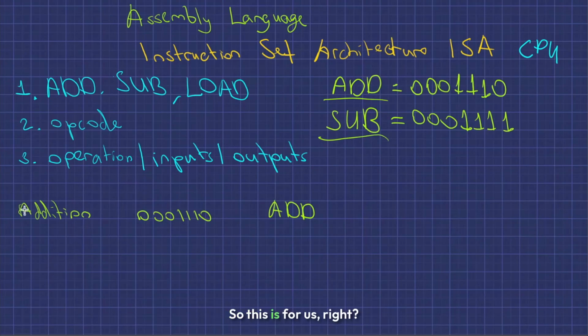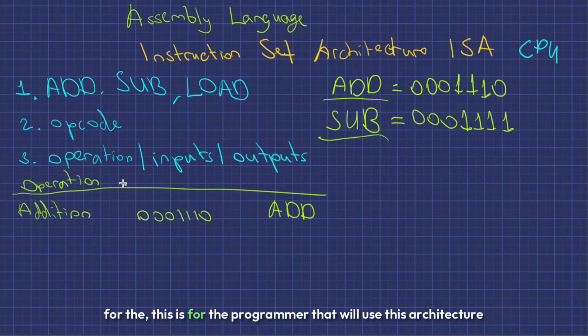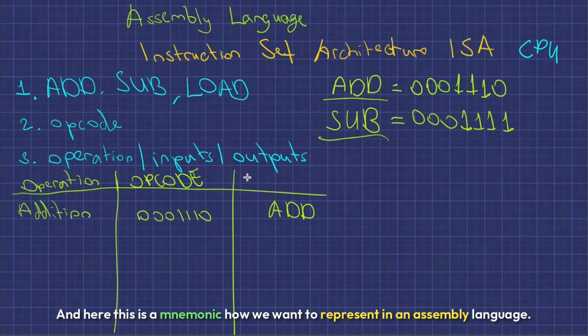The operation is for us, the operation it does, for the programmer that will use this architecture that we are developing here. This is the opcode in bits, and here this is the mnemonic, how we want to represent it in assembly language.